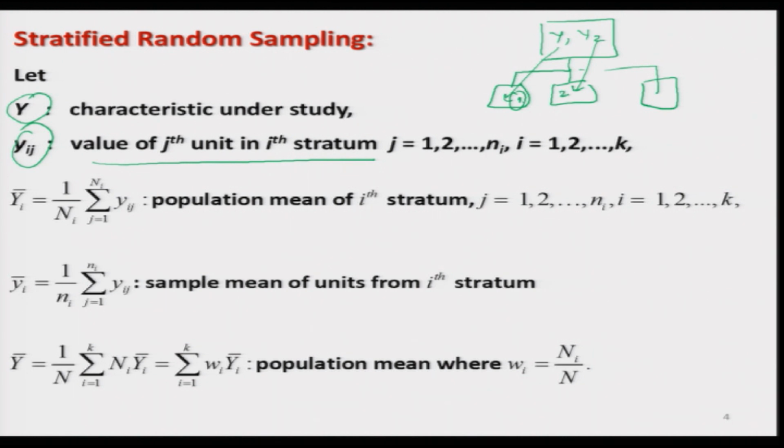So, once it comes from there, this unit will have two addresses. The first address is when it is included in the stratum, whether it is the first unit included in the stratum, or the second unit, or say the jth unit.